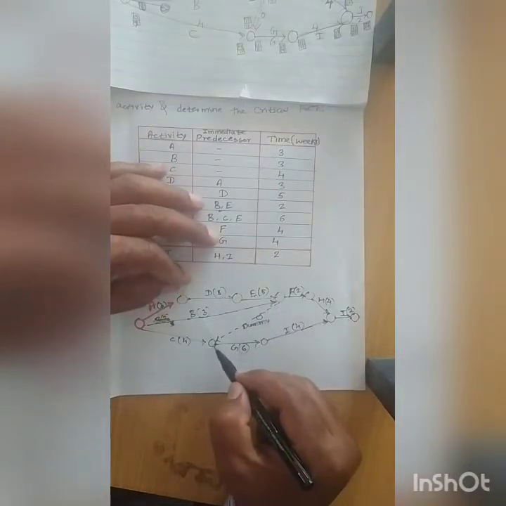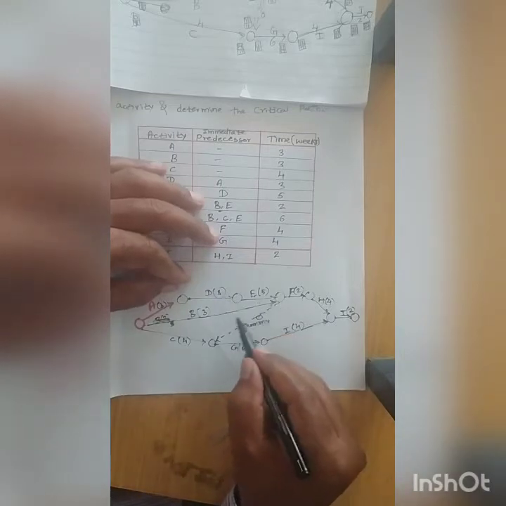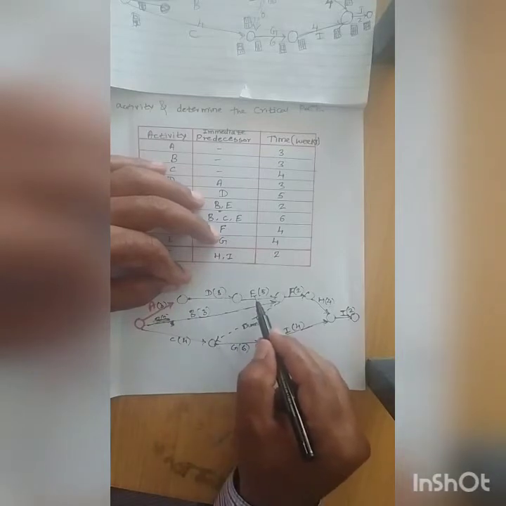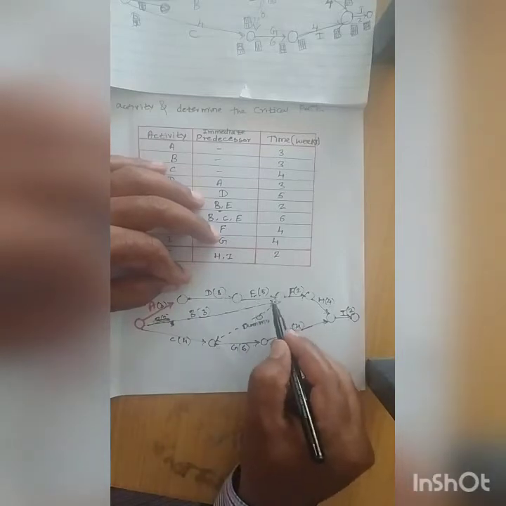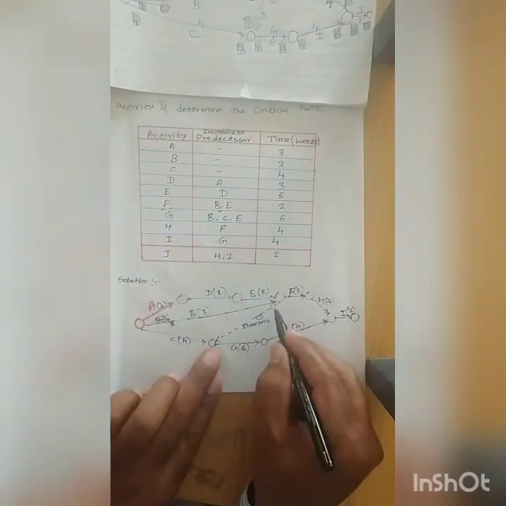It should go from this event to this event. Activities E and F connect here, and from here to here we have to take it downward, because if I take it upward, what will happen?